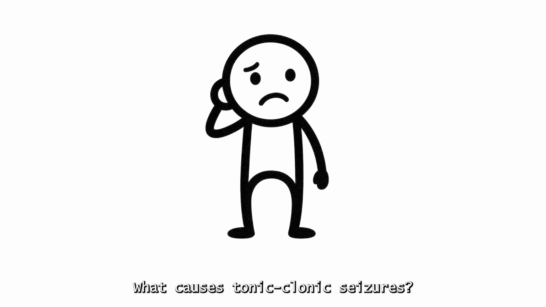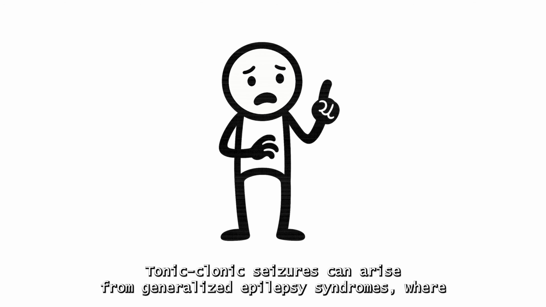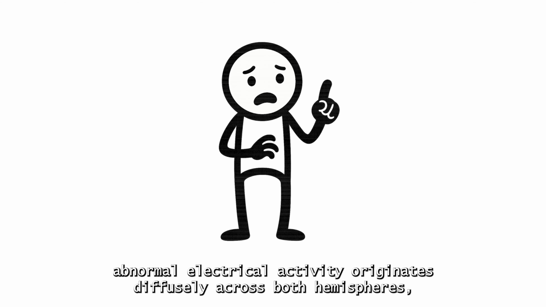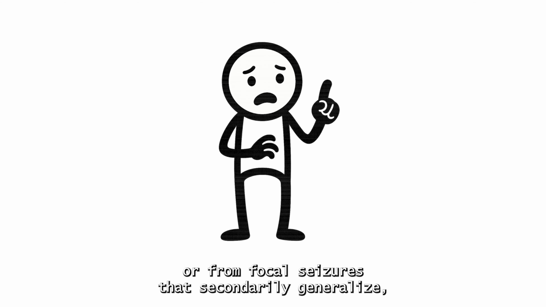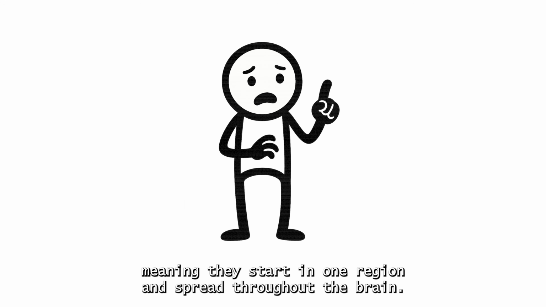What causes tonic-clonic seizures? Tonic-clonic seizures can arise from generalized epilepsy syndromes where abnormal electrical activity originates diffusely across both hemispheres, or from focal seizures that secondarily generalize, meaning they start in one region and spread throughout the brain.